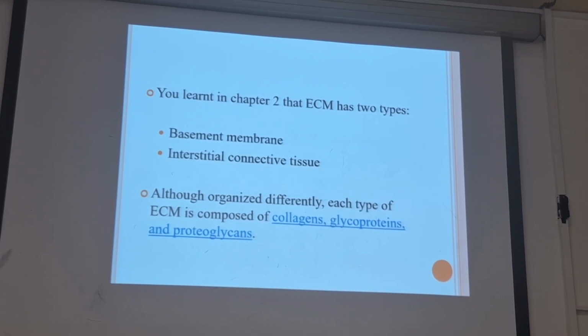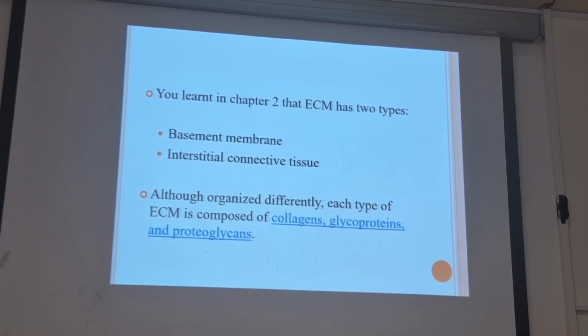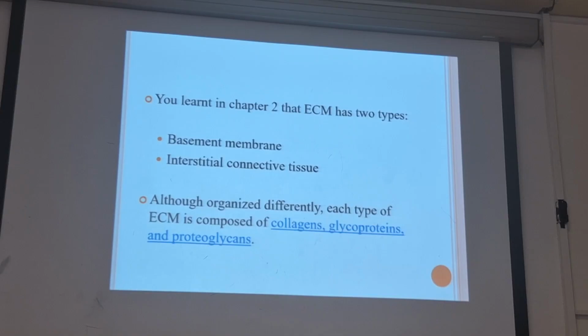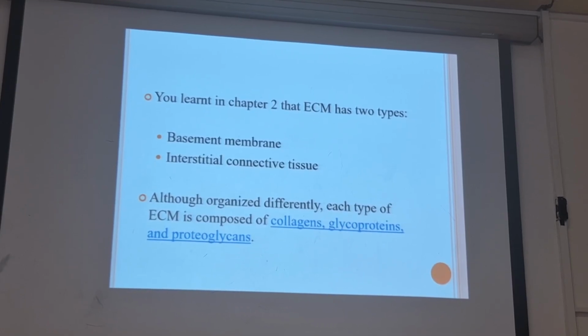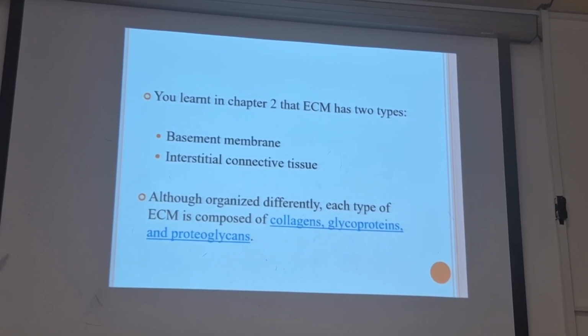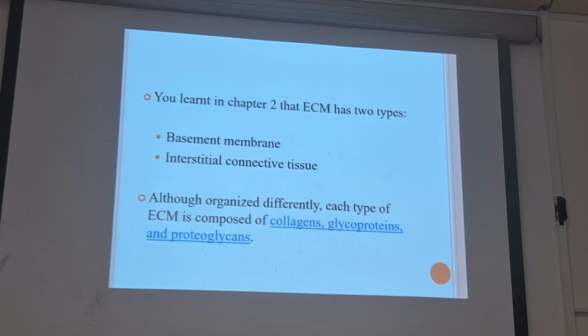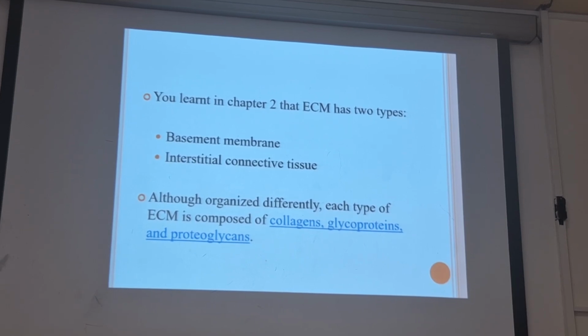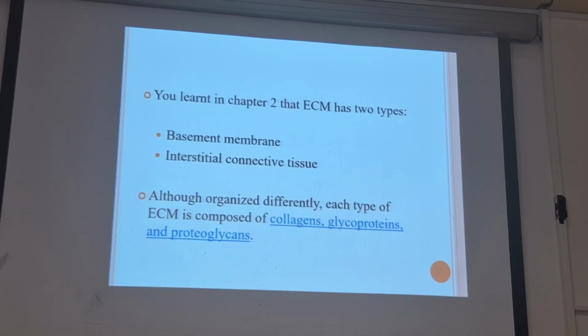You know about the basement membrane and also interstitial connective tissue. You know that there are many types of proteins and many types of collagen in the basement membrane. So tumoral cells need to make some enzymes for cleaving these sites and for making a way for their invasion and for access to the blood vessels and metastasis.